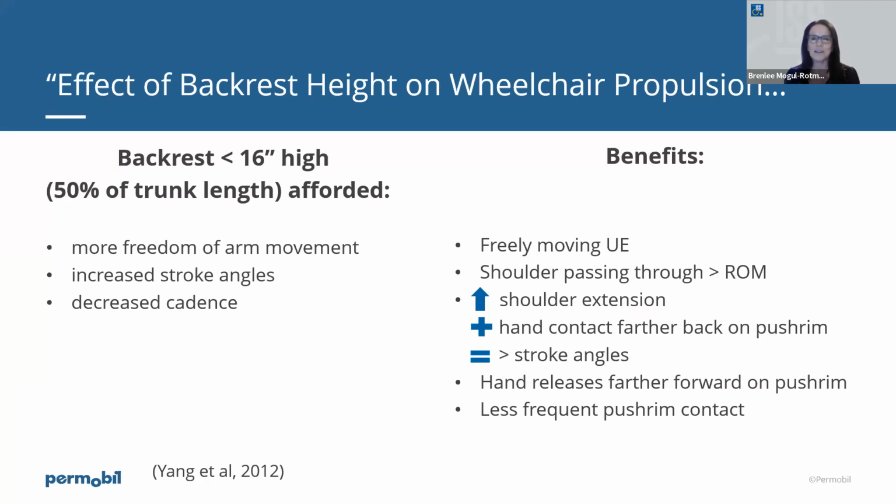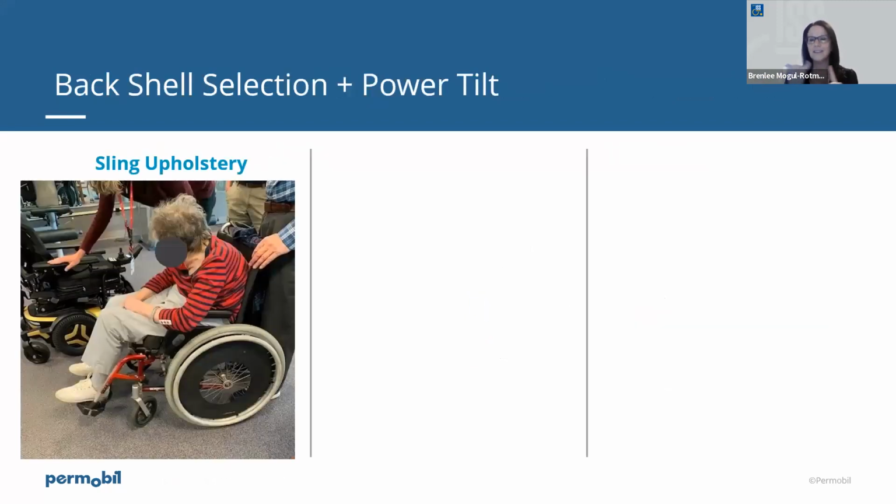We know that a lower back support is going to do that probably better, but is it going to give them enough support to allow them to do the other things, like reach, like putting something forward, like doing everything else that they do when they're not propelling the chair? So it is something to really think about during the assessment and really go through every client goal that you can to determine what's going to meet the majority of the needs to get that optimal stability and optimal function.